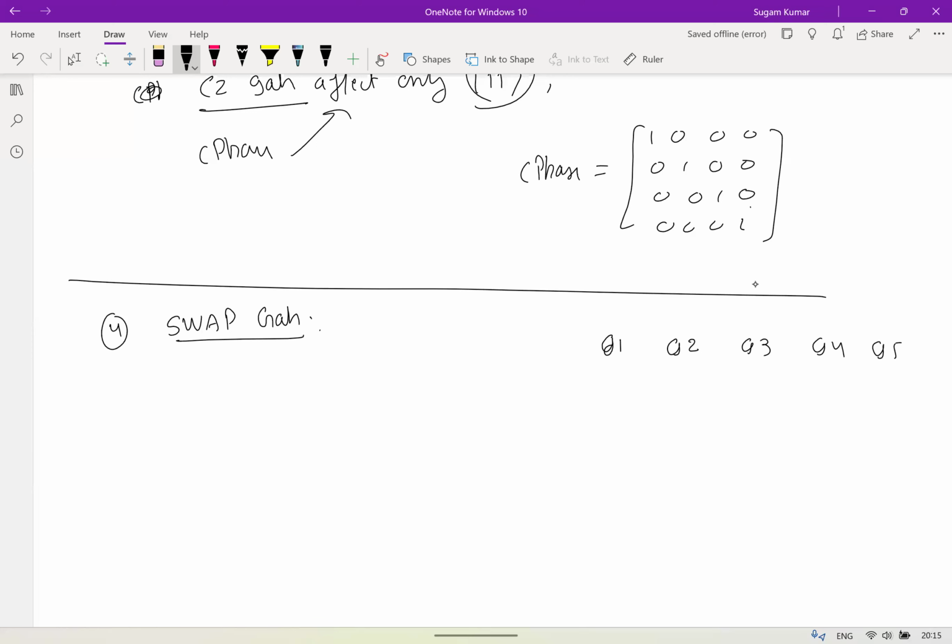Now see, there is one problem. When I show you the superconducting qubits, particularly used by the IBM company, there is a limitation. In superconducting qubits, gate operations can only be done on two adjacent qubits. I cannot apply a gate on Q1 and Q3.